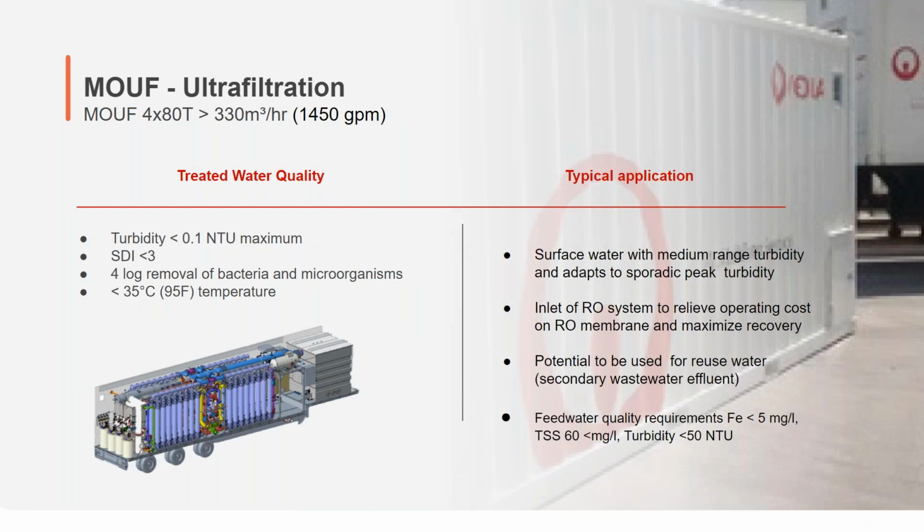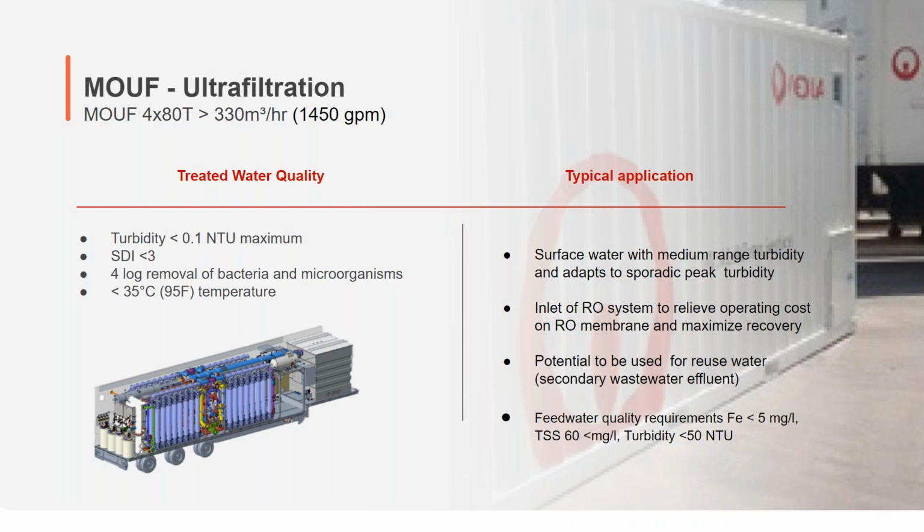Our mobile UF trailer is the largest available on the market and provides simple and reliable operation. It's a modular design, complete as a turnkey unit, so it can operate at partial or full flow. Again, it includes all the required chemical feed for inlet conditioning.